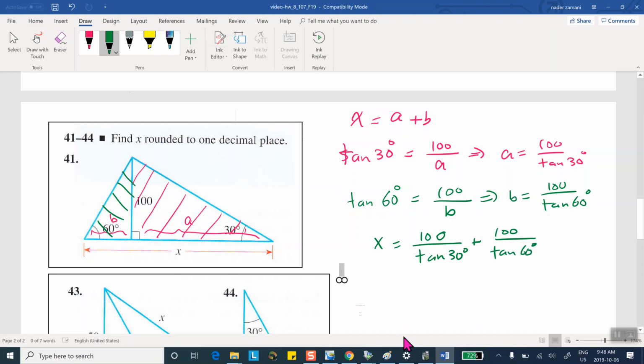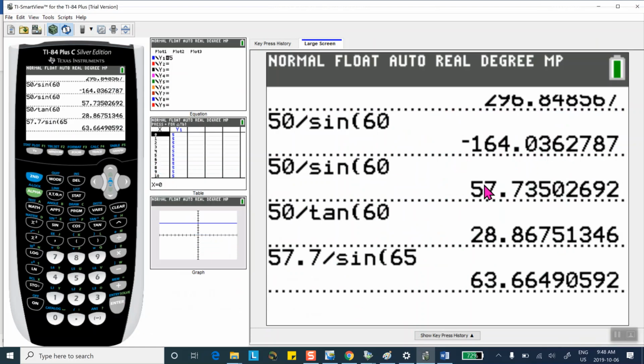So now we go to the calculator. We just go ahead and do it here. 100 divided by tangent of 30, close the parentheses, plus 100 divided by tangent of 60.